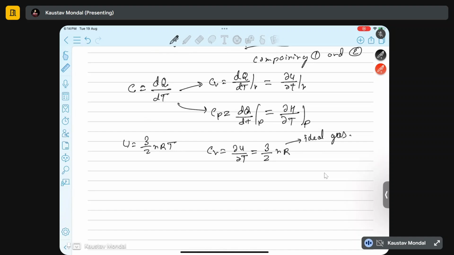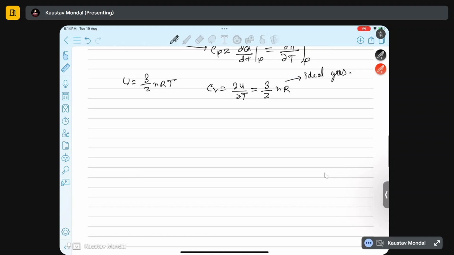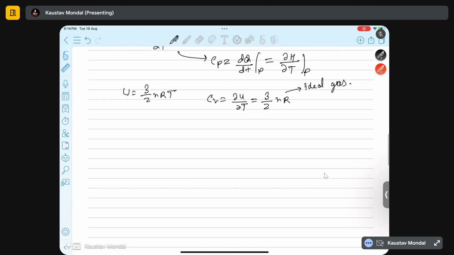The next thing that we have calculated is the entropy. From classical thermodynamics, dS is dq reversible by T, for a reversible process definitely. dq reversible you can write as dU by T at constant volume.